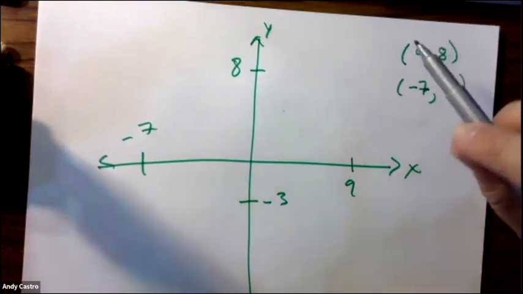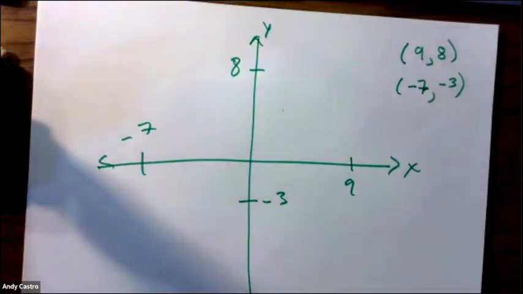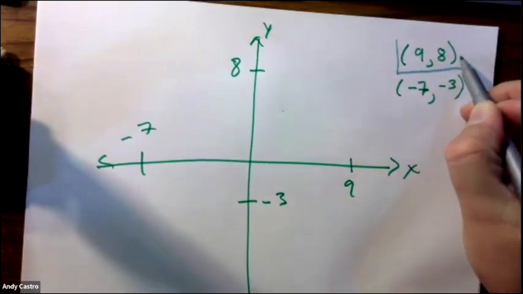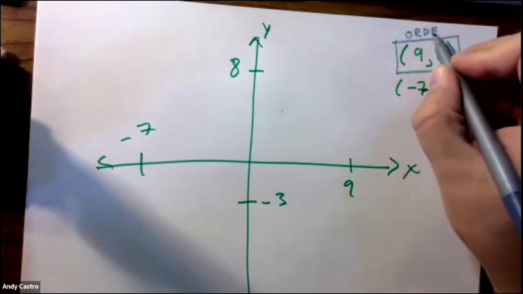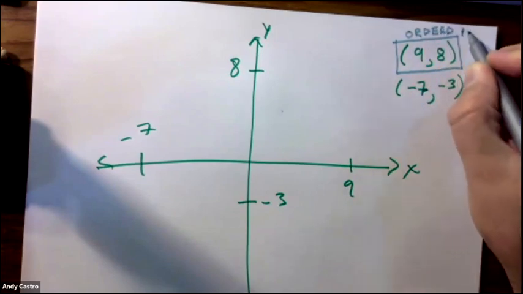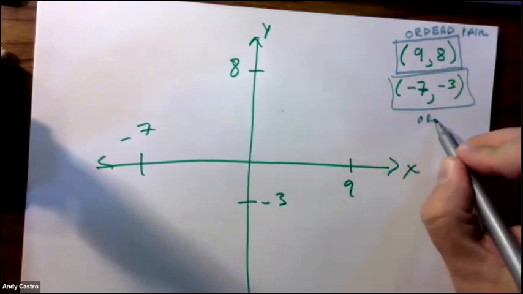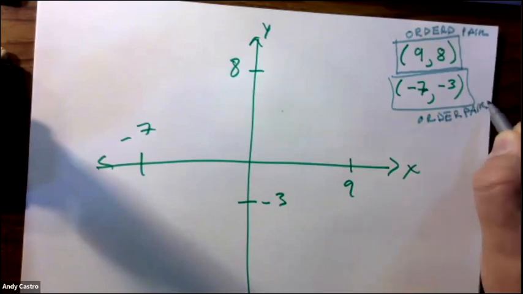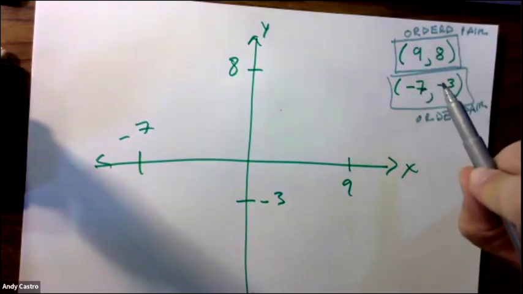Okay. So when you have 2 points like this, and if you already know how to put that on your paper, go ahead and graph it. When you have 2 points like this, it is known as an ordered pair. Now, when we're doing an XY coordinate plane, it's okay to write them like this.